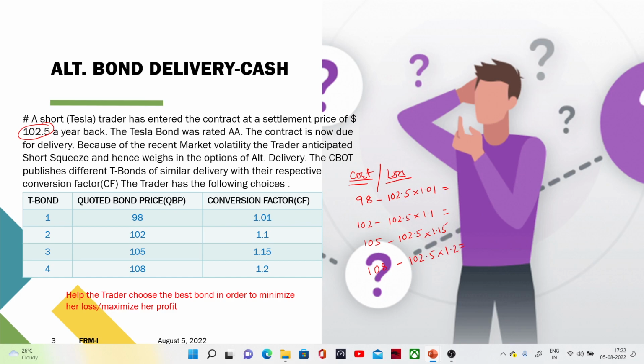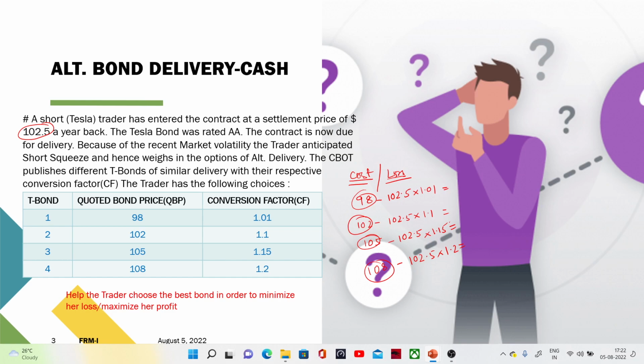Now remember, as I have defined before, this happens to be the input cost. So if this value becomes positive, we would like to choose the value that is least. And if this value becomes negative, we would like to choose the value that is obviously maximum, right? So that's how we look at it, the difference to be maximum.